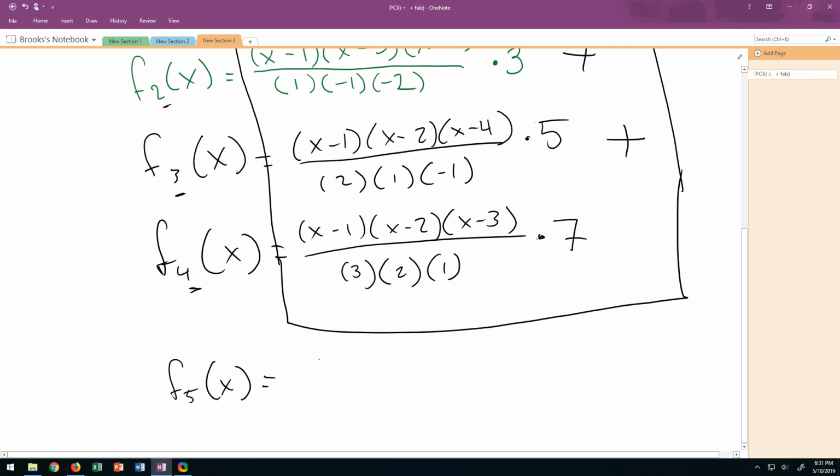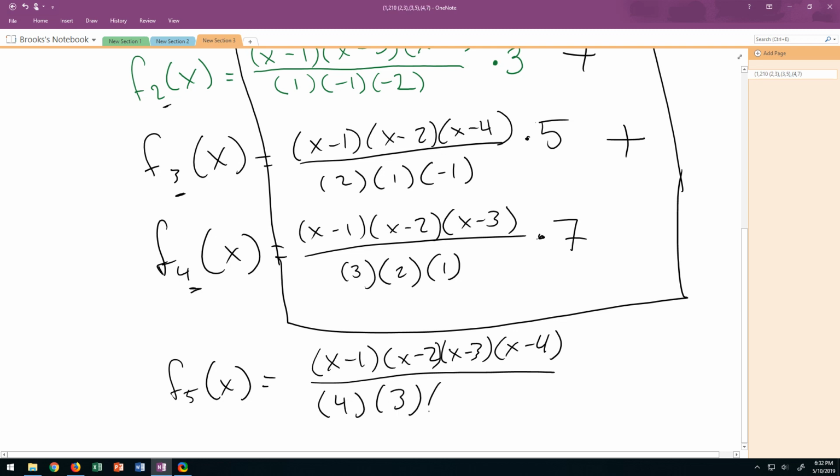And that's going to be equal to, well, it's got to have zeros at 1, 2, 3, and 4. And then you're going to have to divide it by 5 minus 1, that's 4, 5 minus 2, 5 minus 3, and 5 minus 4. And then you multiply it by the 5th prime, which is 11.